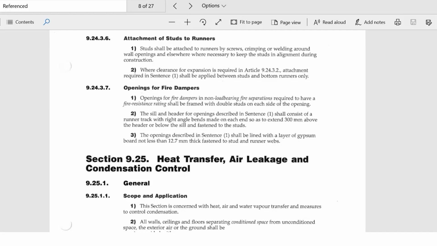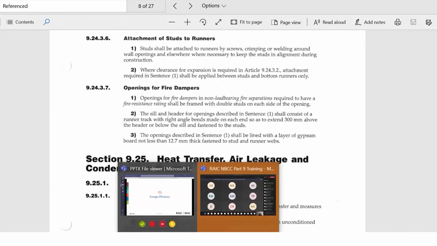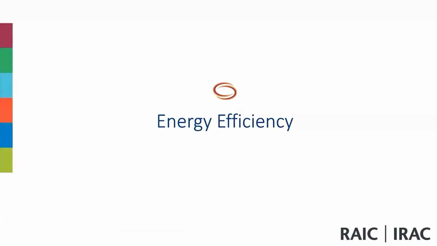So I think with that, I'm not going to cover any more of structural unless you guys have any specific questions related to structural. But you know where to go in terms of the requirements for different types of assemblies, different types of materials.